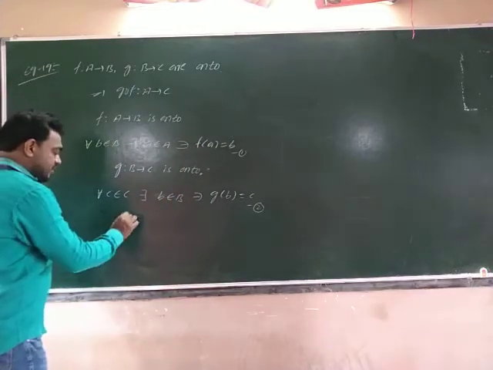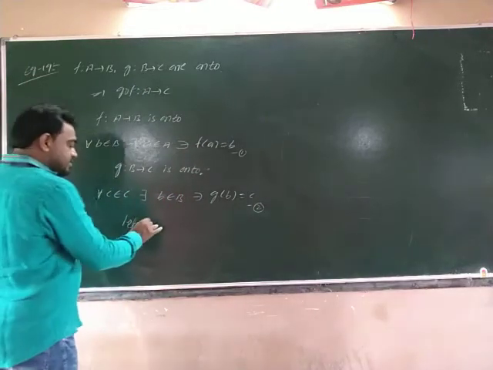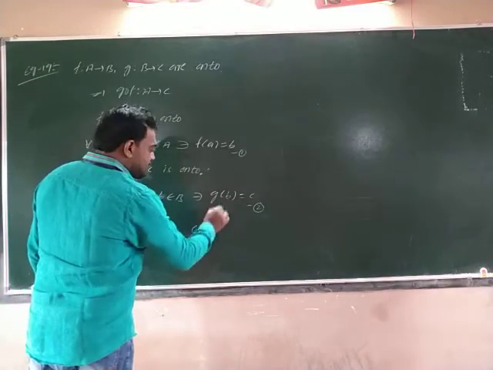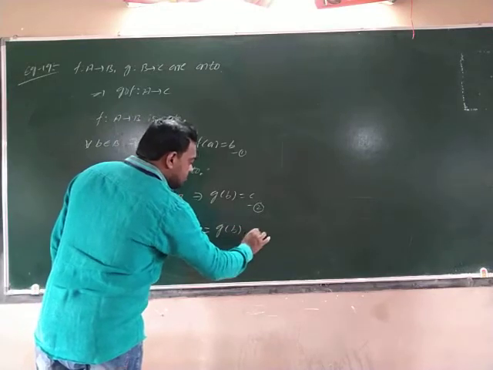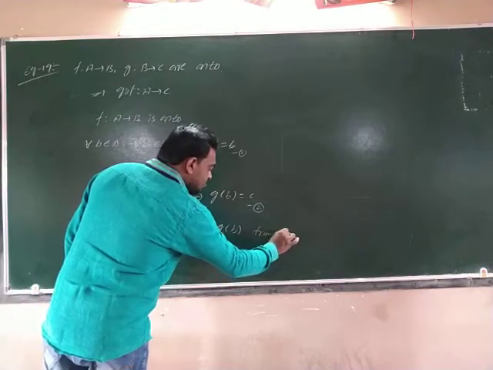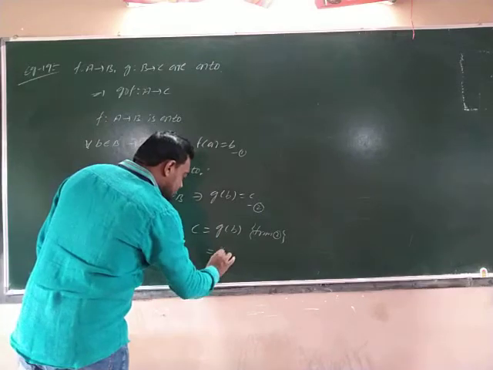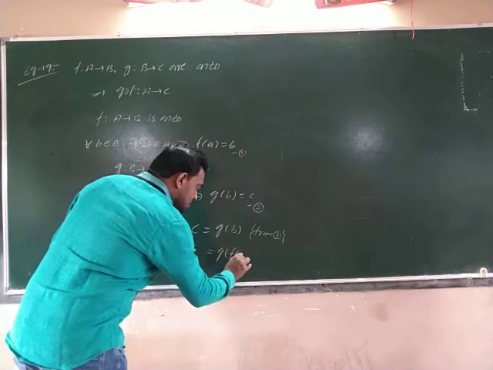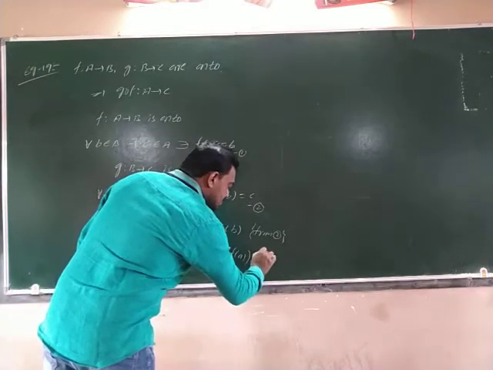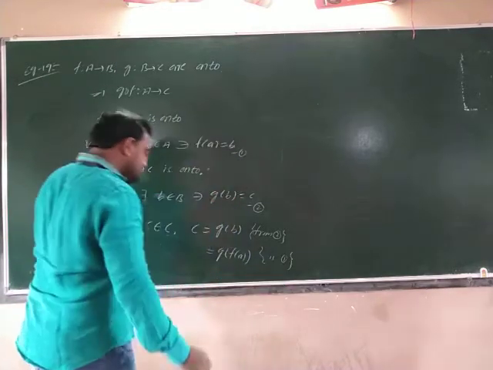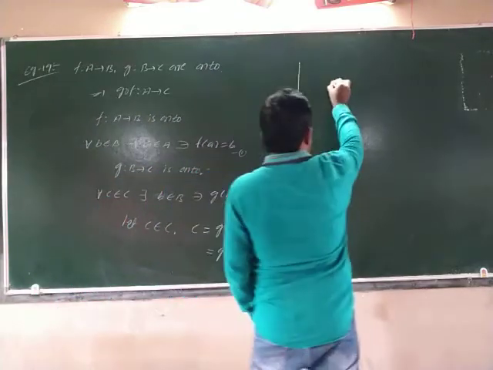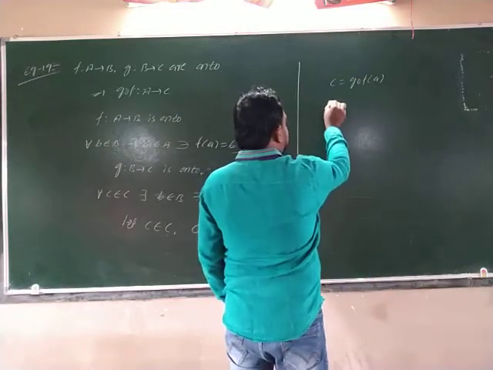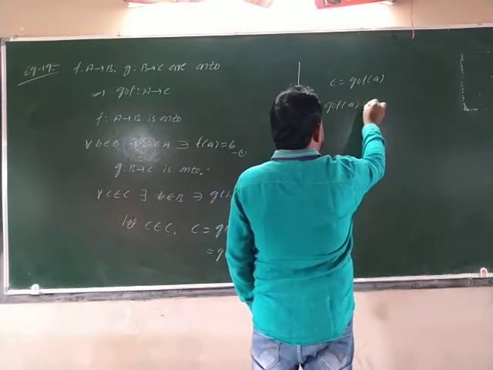See now, let c belong to C. I am taking c equal to what, from equation number 2? g of b. This is from equation 2. This is equal to g of, what is the b? b is equal to f of a. It is from equation number 1. That is, c is equal to what we got? g circle f of a. That is, g circle f of a is equal to c.